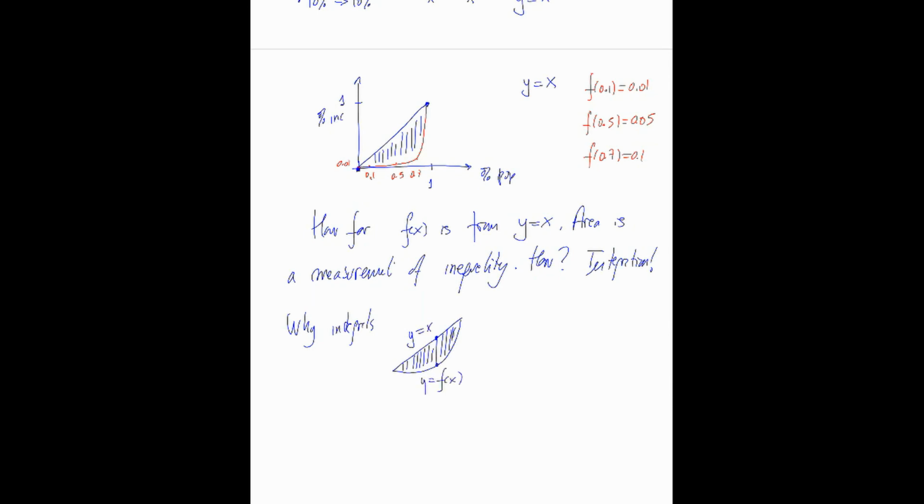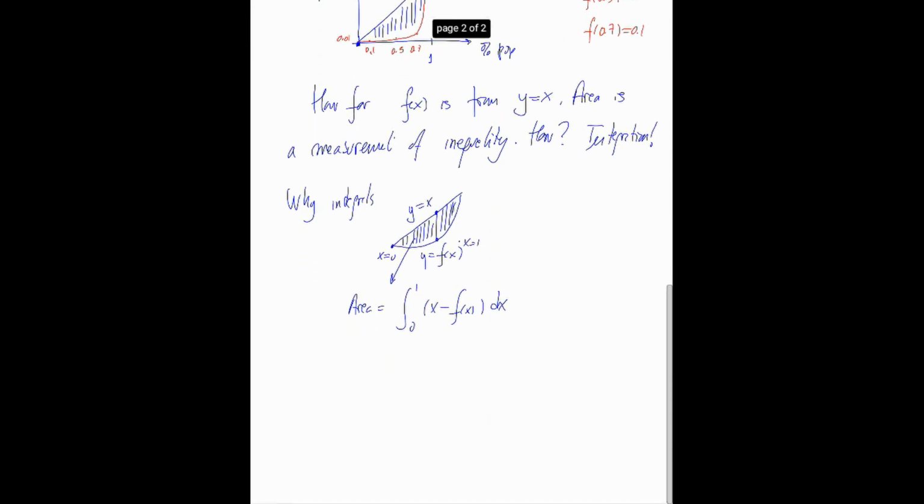So this area will be given by the integral from x equals 0 up to x equals 1 of x minus f of x. That's the area, and that's almost the Gini index. The Gini index is 2 times this area, the integral between 0 and 1 of x minus f of x dx.